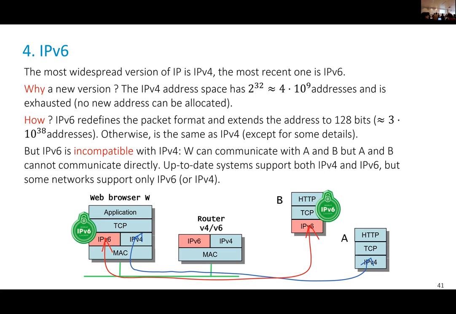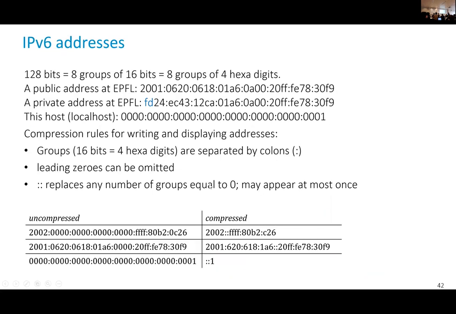So there are parts of the world where, because of the growth, they need new addresses, and they will have only IPv6 addresses. So you have IPv6 only networks. Now, those two don't work together at the network layer, so you will need to find clumsy solutions for them.